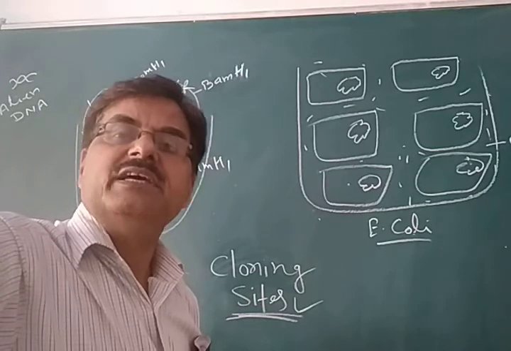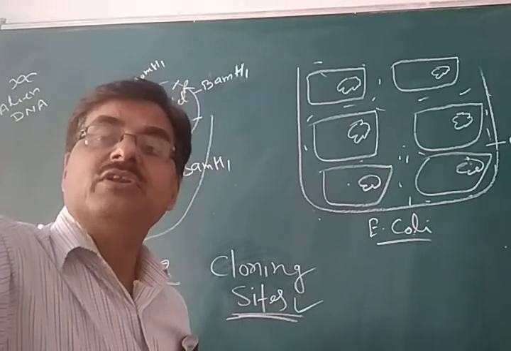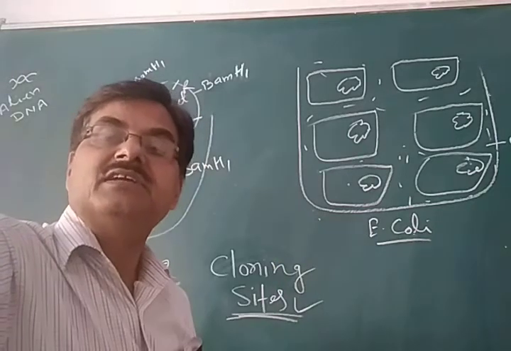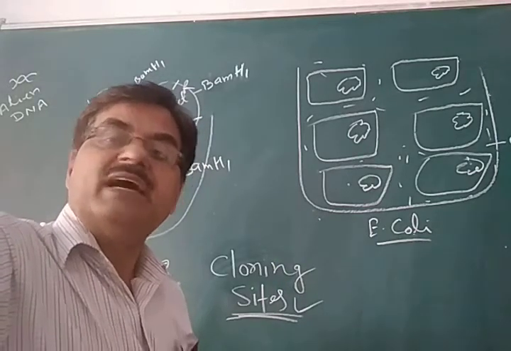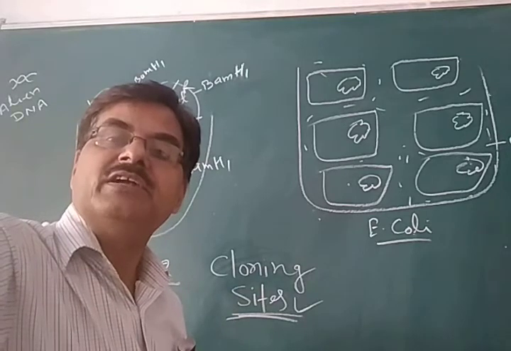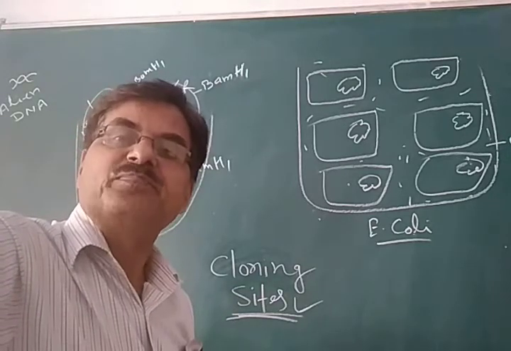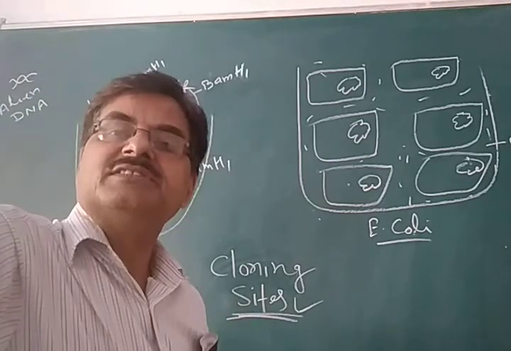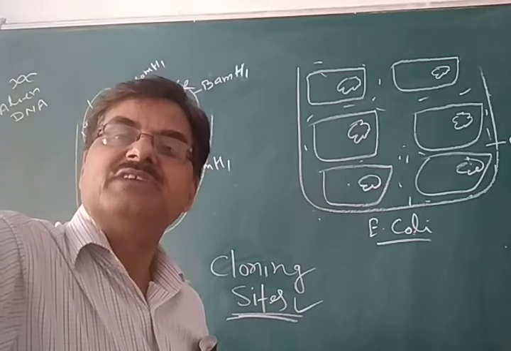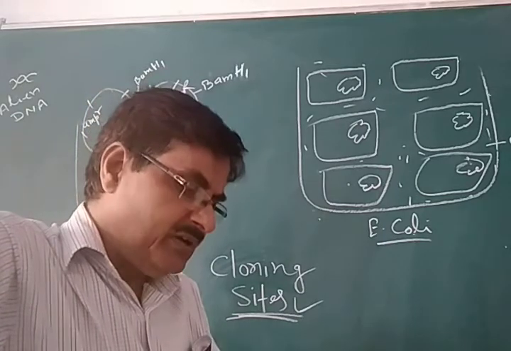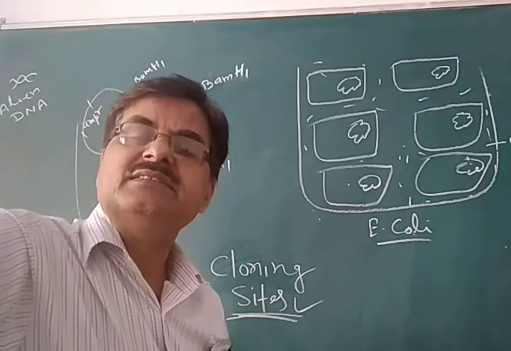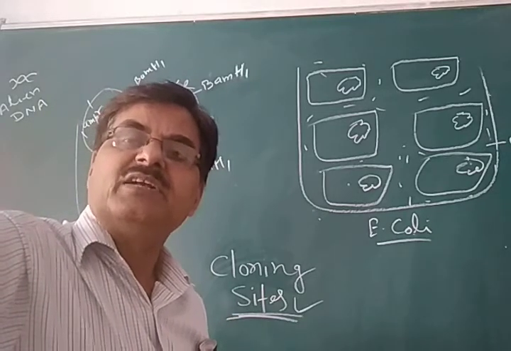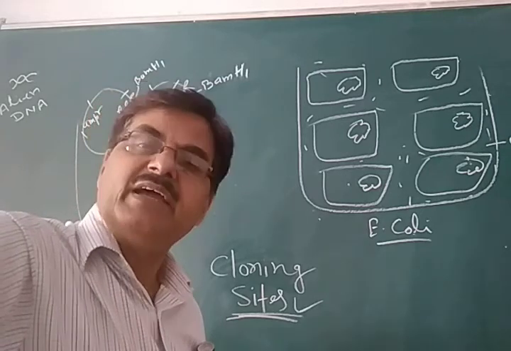Because if there is more than one recognition site, that particular restriction enzyme will cut the vector DNA or foreign DNA at different places, making fragments of that foreign DNA and that vector DNA.